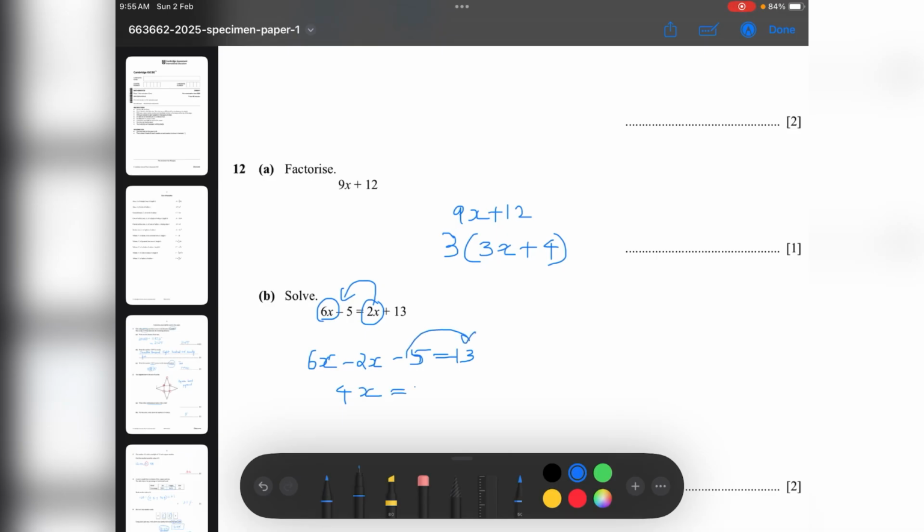So it's 13 plus 5, so it's 18. Right. So x is equal to 18 upon, because it's multiplication, 18 upon 4. When I simplify that, it will come 9 upon 2. So the value of x is 9 upon 2, or 4.5.